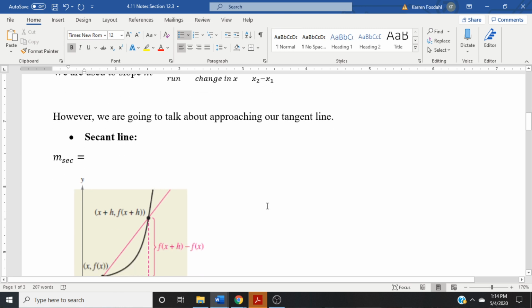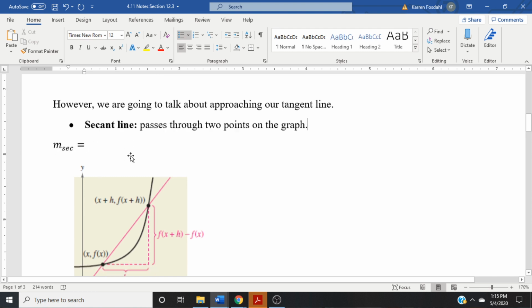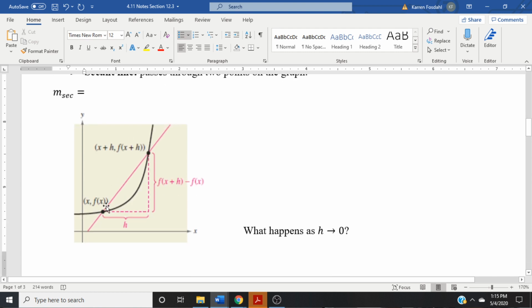A secant line, for the purpose of calculus, is a line that passes through 2 points on the graph. So a tangent line is 1 point, and a secant is 2. And if you can see this right here, this is our secant line.